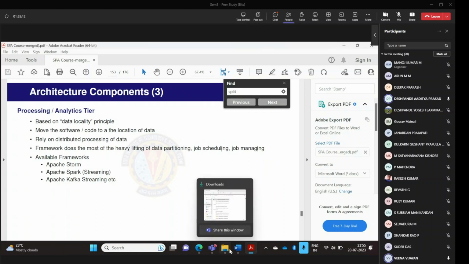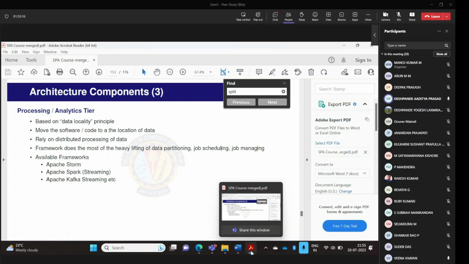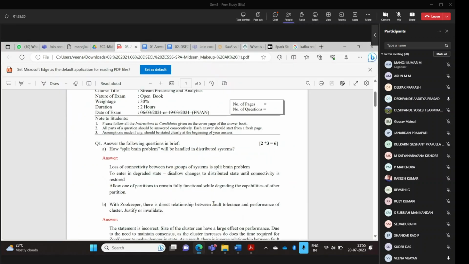The way I understand split brain is just connection lost between two machines or two clusters, if I'm not wrong.